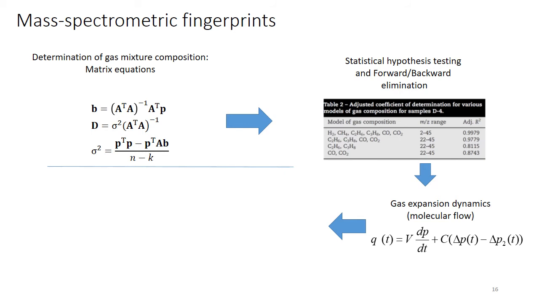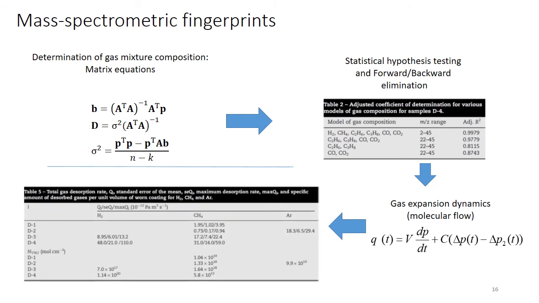In this case, A is the standard mass spectrum obtained from NIST, and P is the measured mass spectrum. So by applying this equation, you can get the concentration of the components which you model.